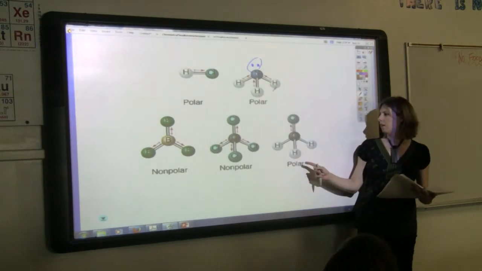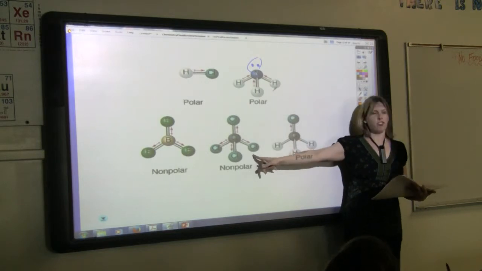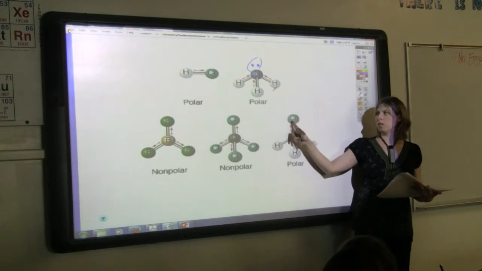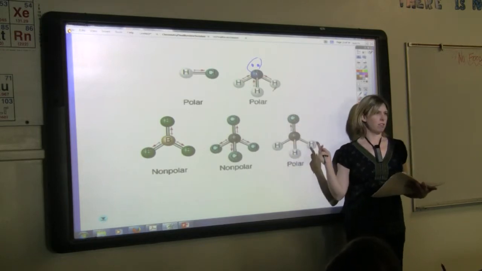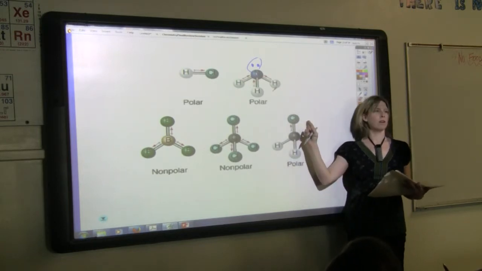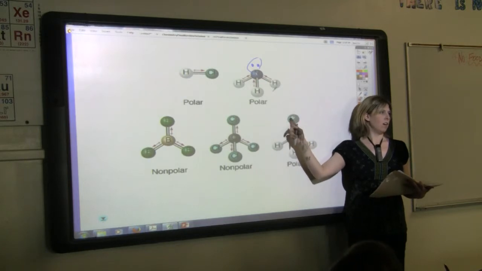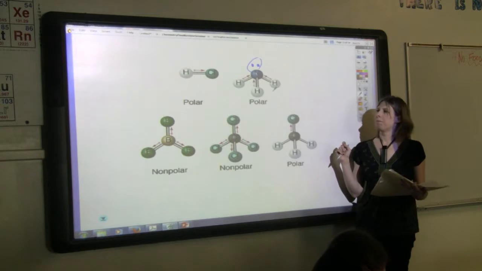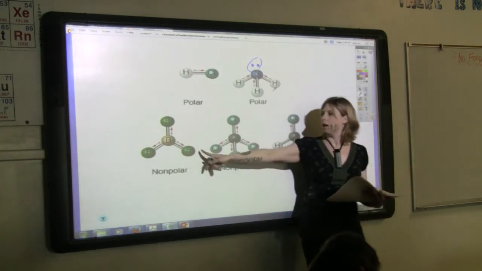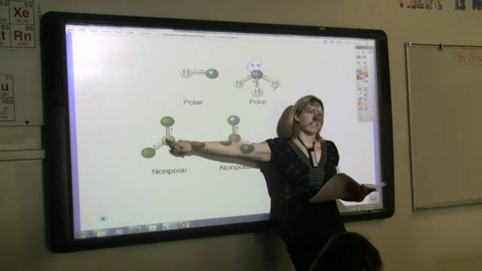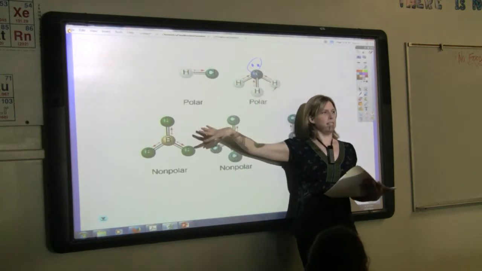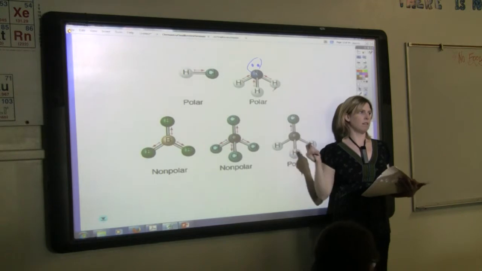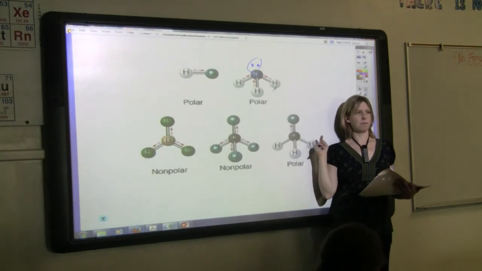Over here, even though it's a similar shape to this nonpolar one, this has 1 chlorine and 3 hydrogens. Therefore, there's more electronegativity around the chlorine, so it's polar. And then this is nonpolar because they're canceling each other out. There's no area that's more electronegative than another. Questions?